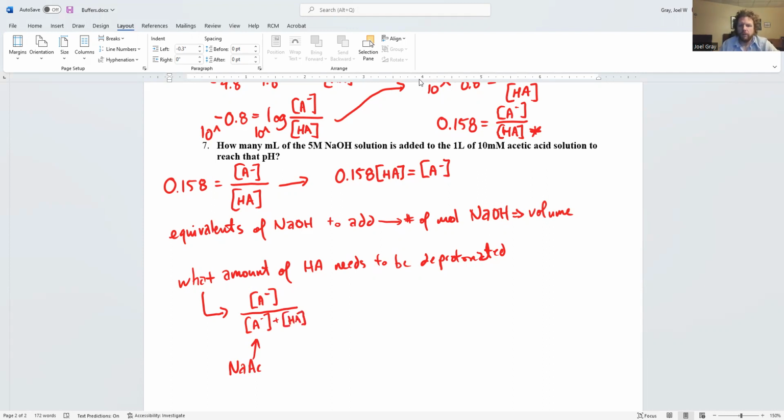Effectively, we want to use this definition: the concentration of A minus is equal to 0.158 times the concentration of HA. We're going to use this equation as a definition for A minus.